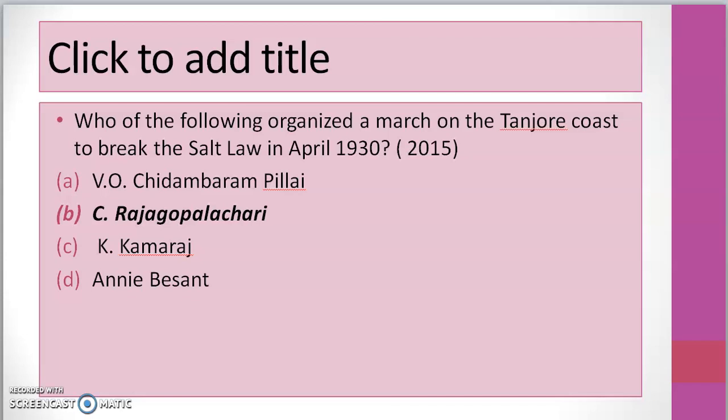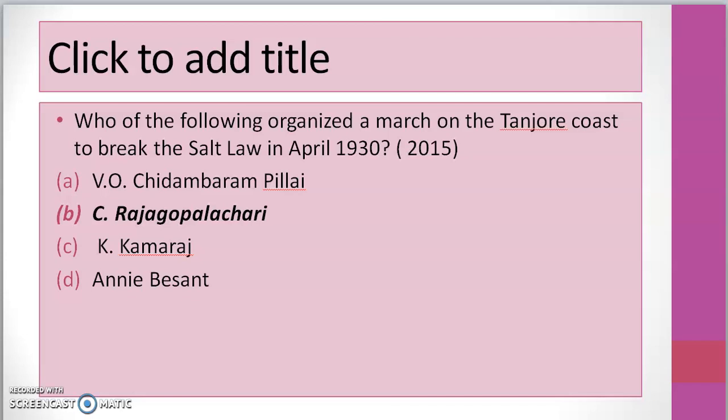Then in Malabar, you had K. Kelappan, very famous for Vaikom Satyagraha and also known as Kerala Gandhi. He organized salt marches. Then in Assam, there was a successful student strike against the Cunningham Circular. This Cunningham Circular is important because it banned student participation in politics.